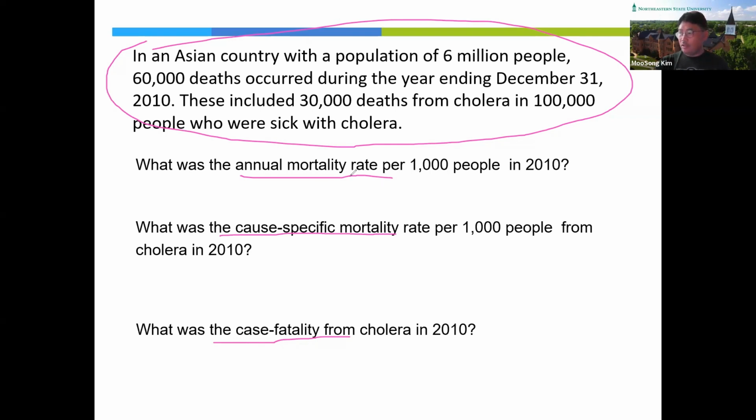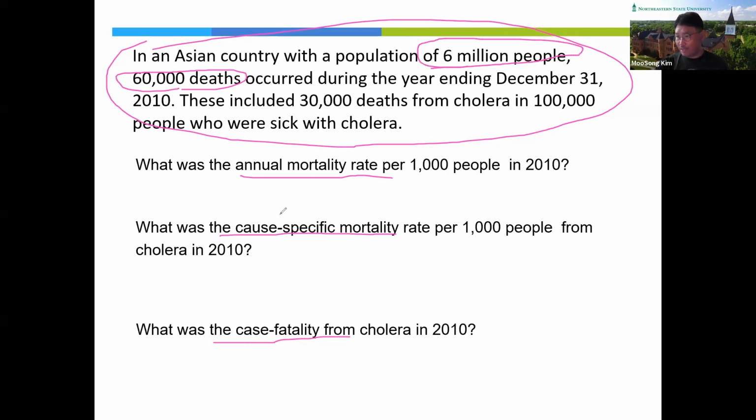So annual mortality rate: total number of deaths over total number of people, and the constant, right? So we actually remember the formula. So here, what is the total number of deaths? Here, 60,000 deaths occurred during the year ending December 31st, right? And the total population is 6 million people.